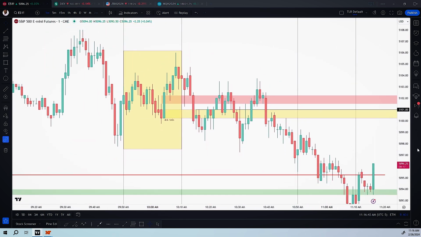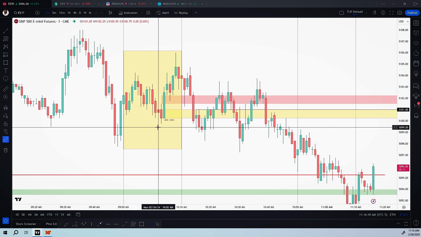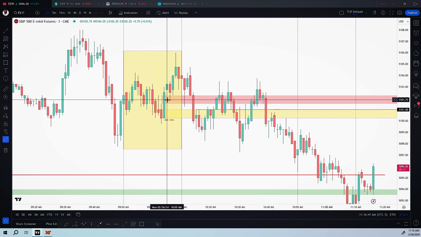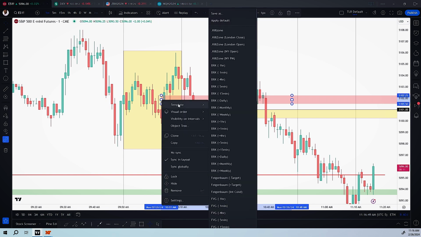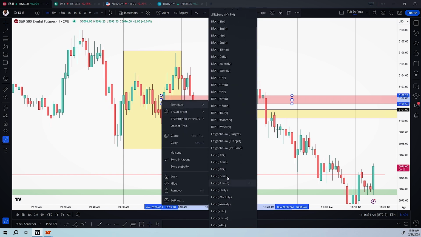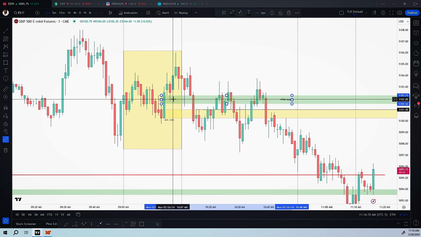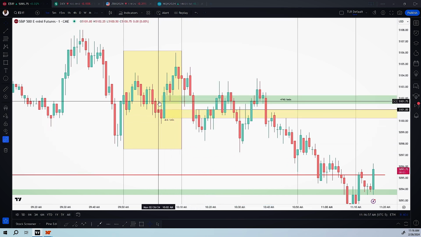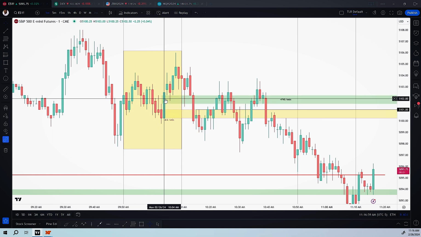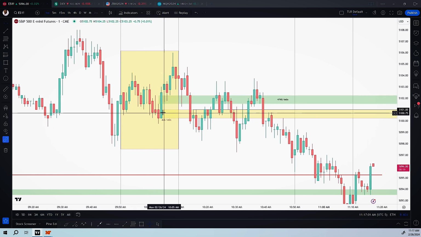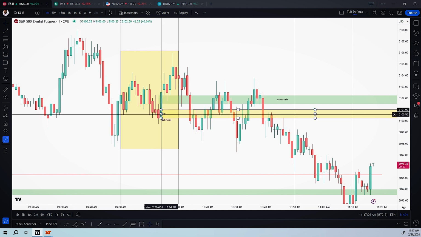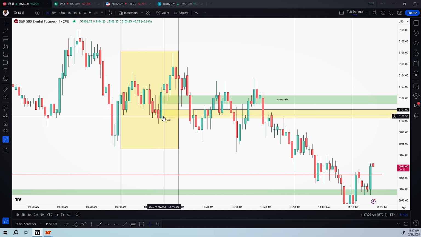Inside that 950 macro window, we have a bullish fair value gap that was created during the macro. We also have a bearish breaker that was created during the macro.